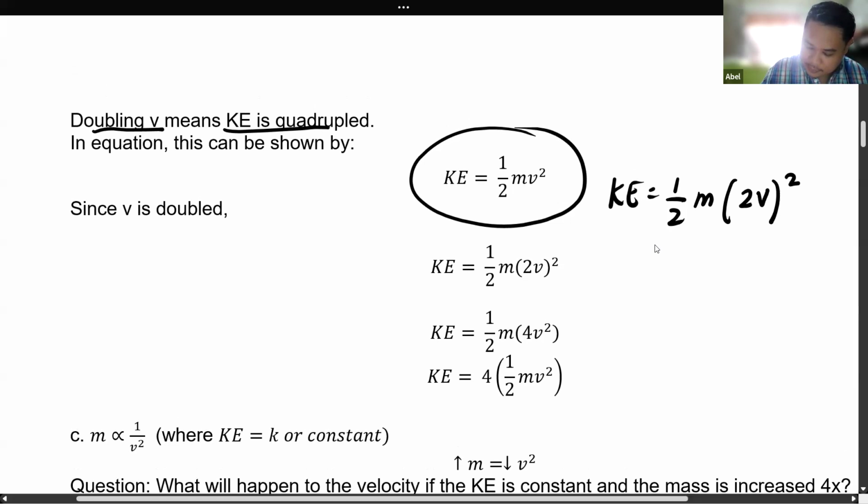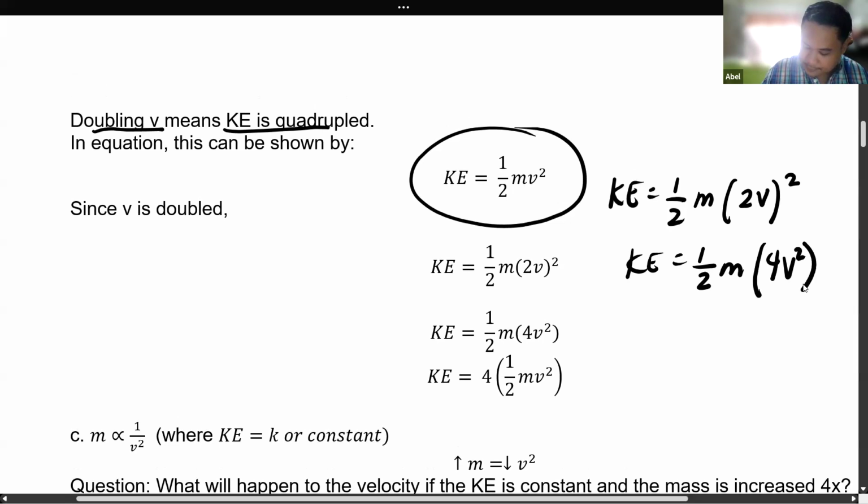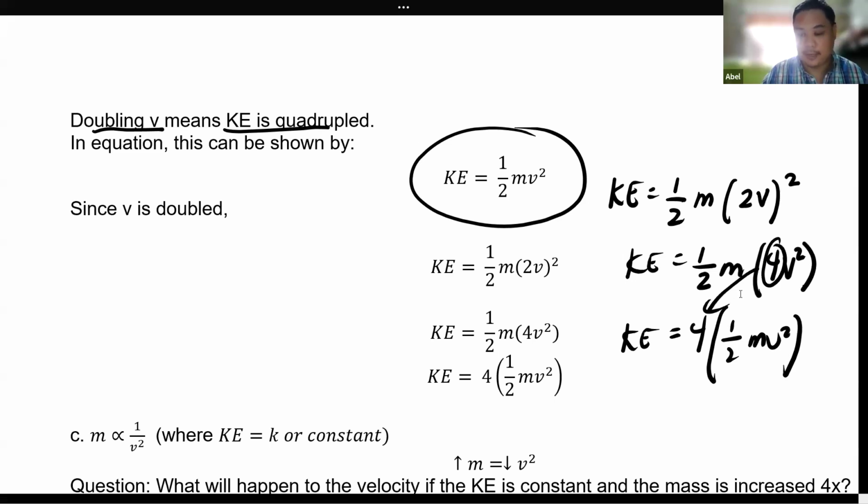Now, this time it will become kinetic energy is equal to 1/2 m multiplied by 4v squared. Now take note, factoring out the 4, that would be 1/2 mv squared. So I remove this 4 and put it on this part, right? And so this is the original equation. So that would be kinetic energy is equal to 4 times the 1/2 mv squared.